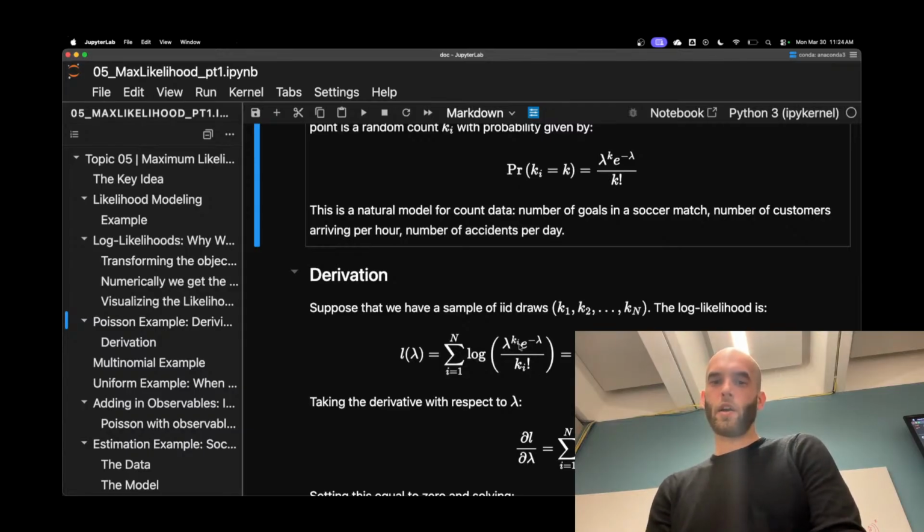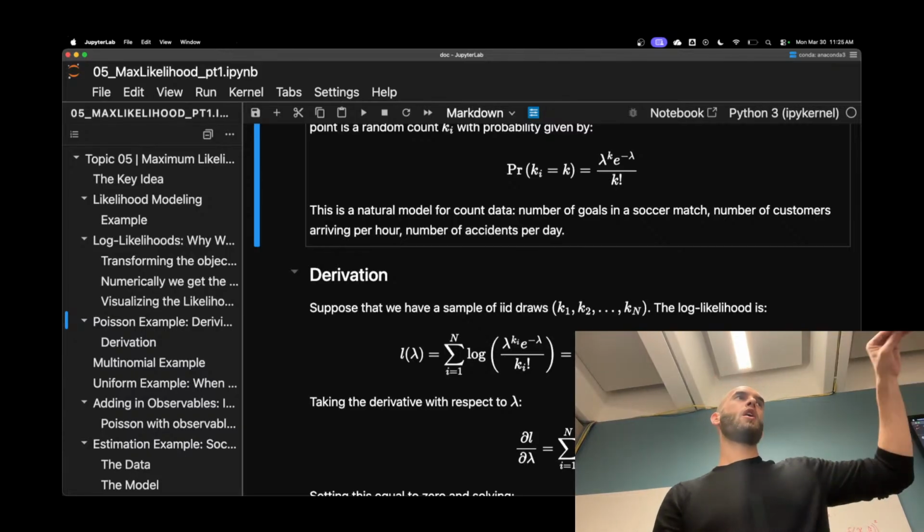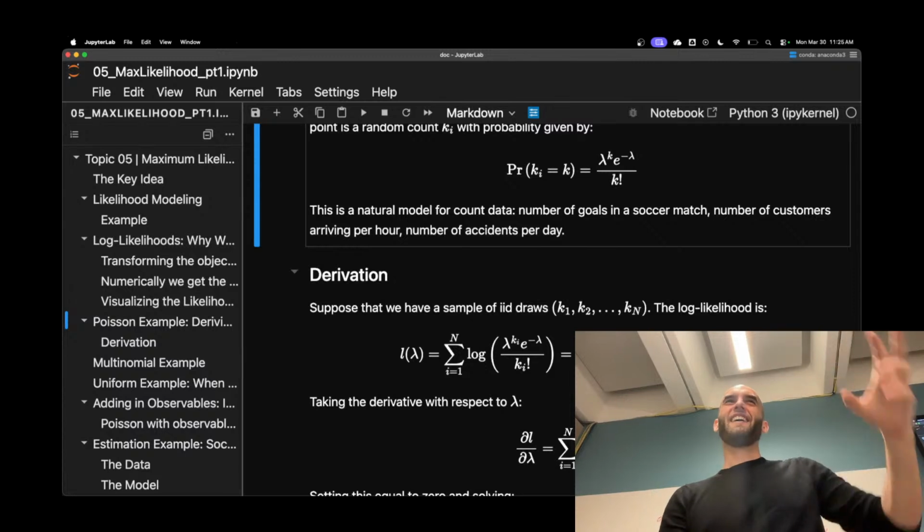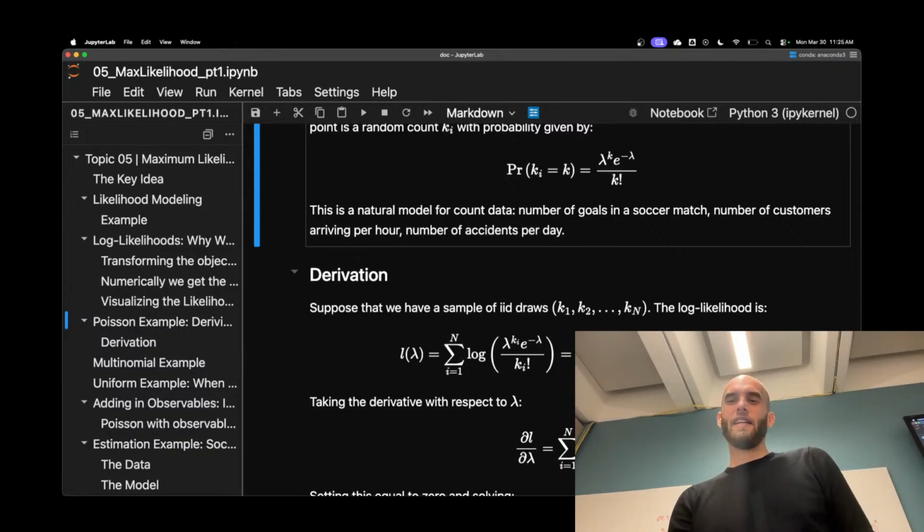The log of lambda to the k_i is just the log of lambda times k_i. The log of e to the negative lambda is just negative lambda. And the log of 1 over k factorial is just the negative of the log of k factorial.